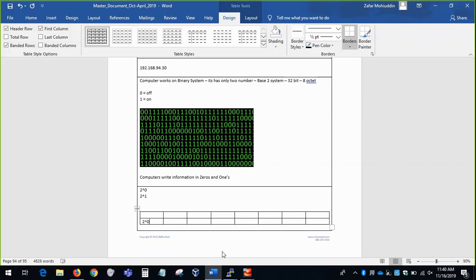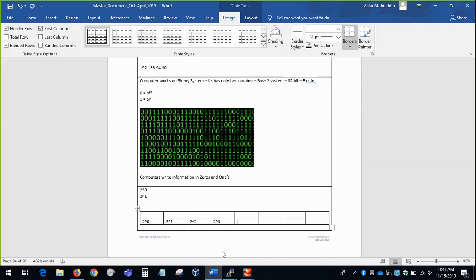So the first one is 2 to the power of 0. The second one is 2 to the power of 1. The third one is 2 to the power of 2. The fourth one is 2 to the power of 3.